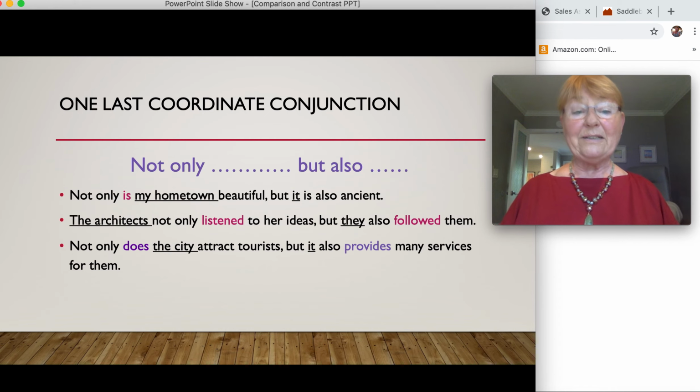Not only does the city attract tourists. That's a strange expression, but it is correct. But it also provides, the second sentence as normal, many services for them. Take a look in your writing book. You'll find lots of exercises on these kinds of transitions.